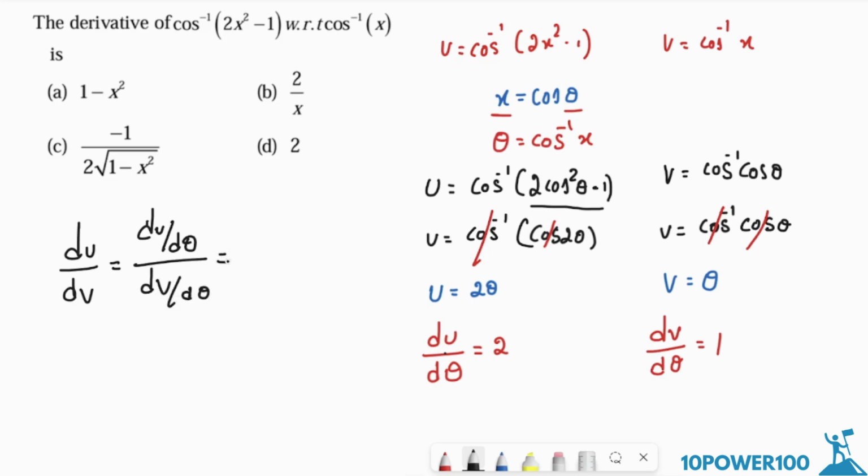So it is 2 divided by 1. So what is 2 divided by 1? It is 2. So 2 is the right answer, children.